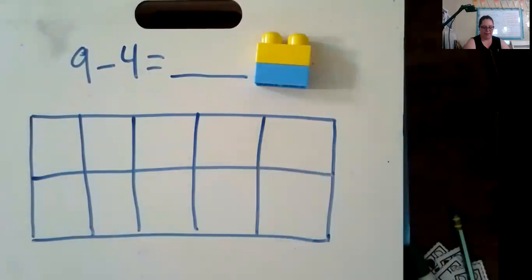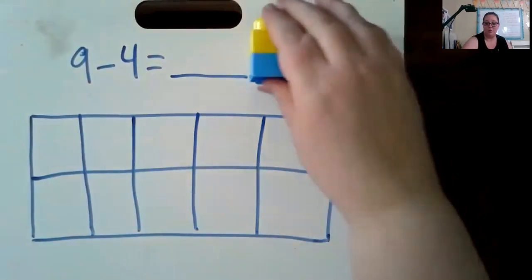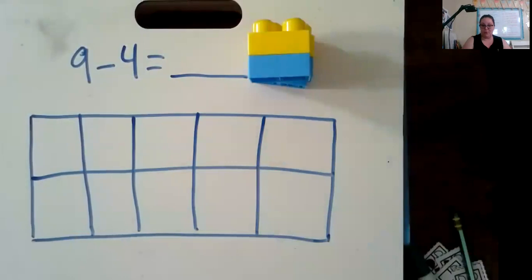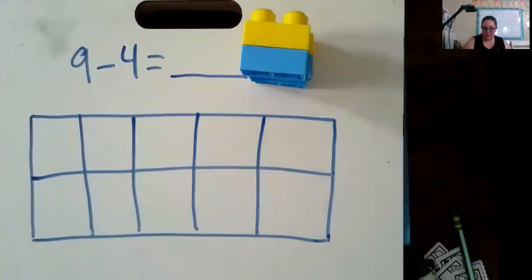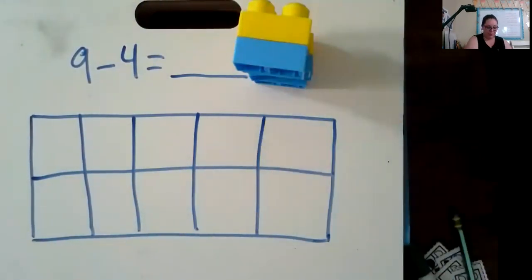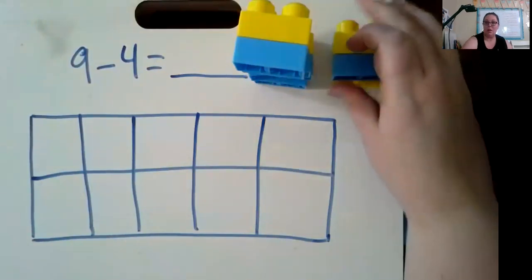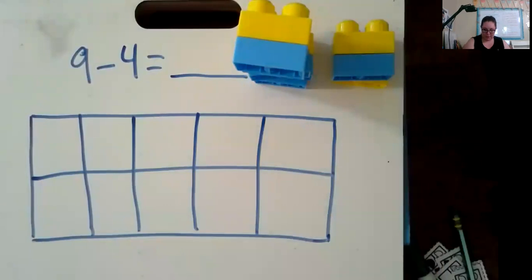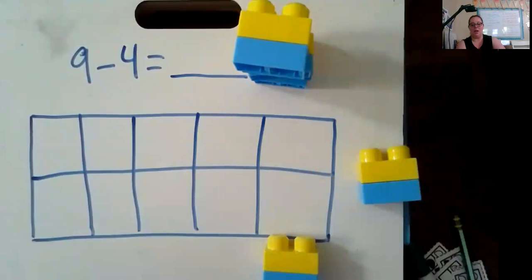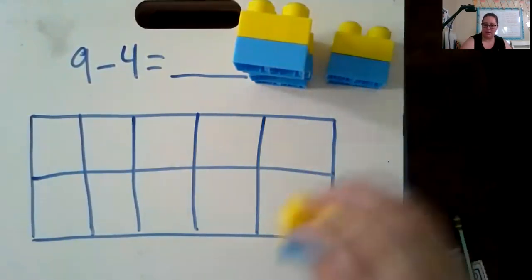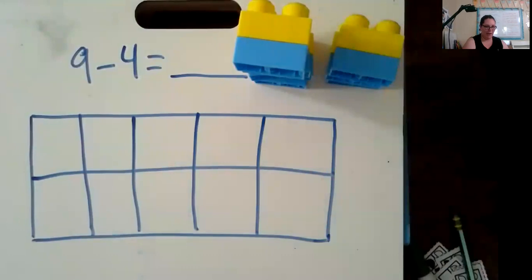I'm going to put them together like this because usually in school I would have the counters, and on one side they're red and on the other side they are yellow. So I'm kind of making my own counters, and you can do the same thing. Oh, I think I made this one backwards. I'm putting yellow on top and blue on the bottom, and I'm making 9 pairs.